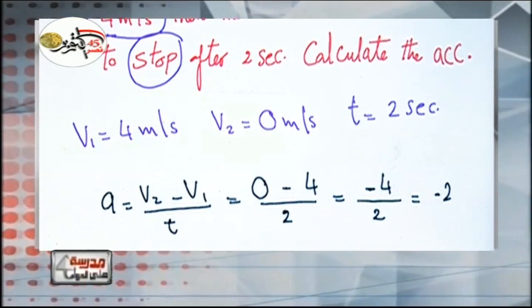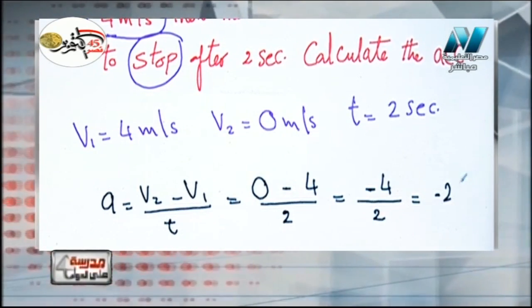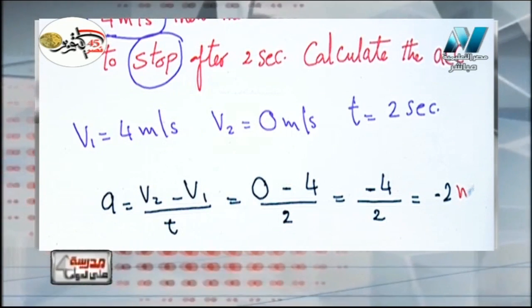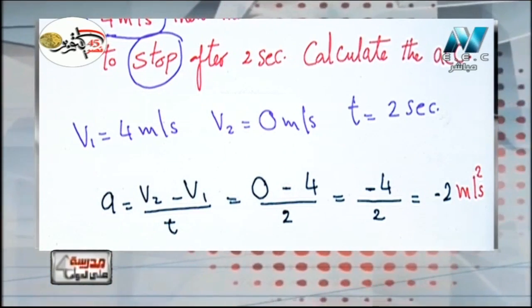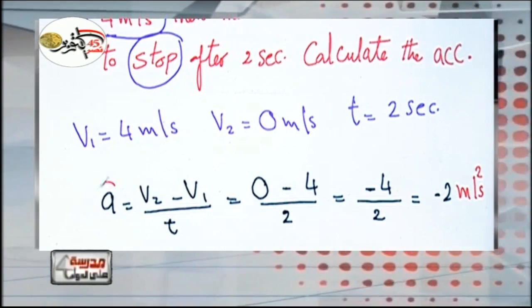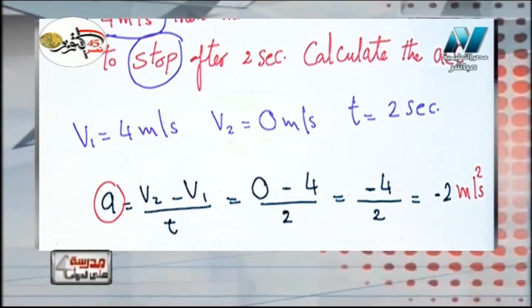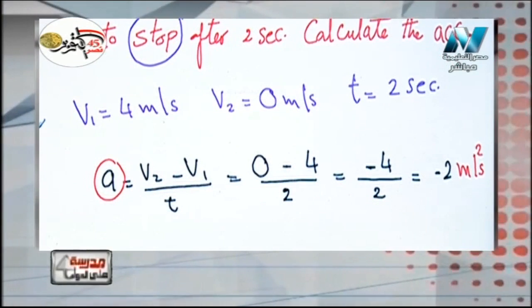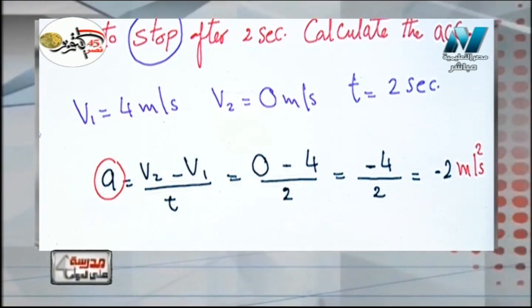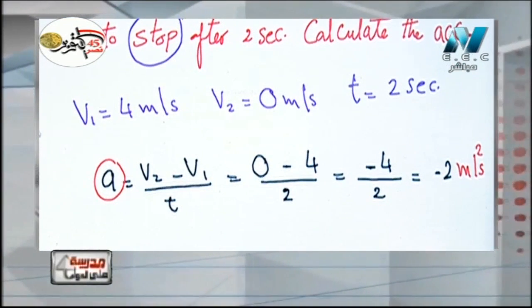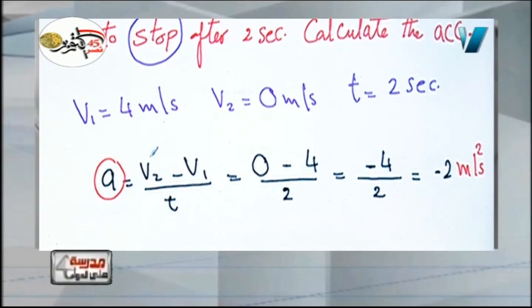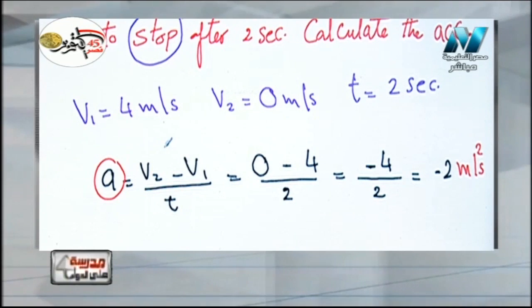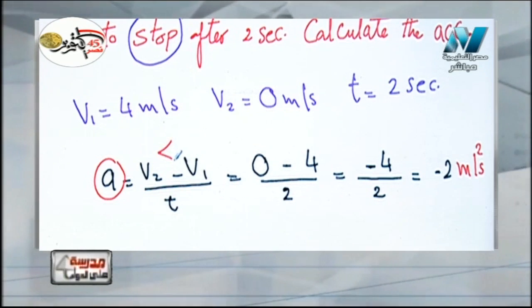Negative over positive, negative طبعا. Negative 2 meter per second power 2. Why? Because we talk about acceleration. And here the type of acceleration is negative acceleration, يعني the speed decreases as time passes. So V2 is less than V1.